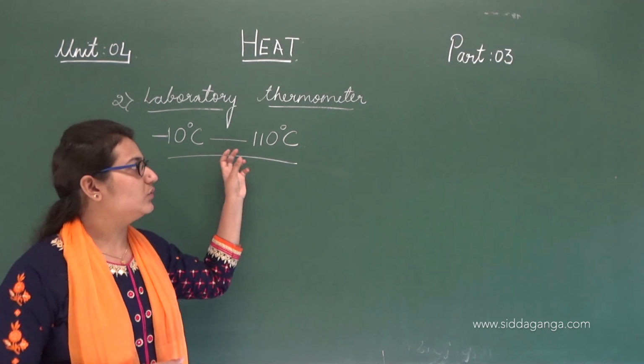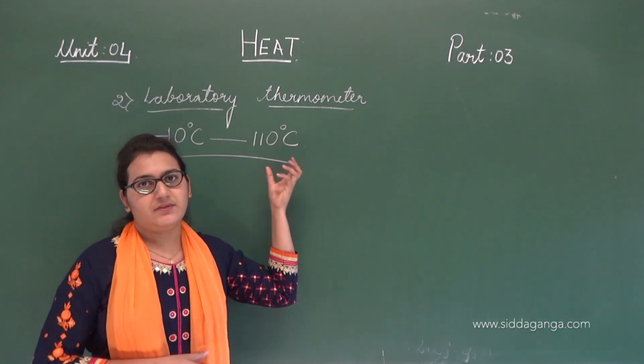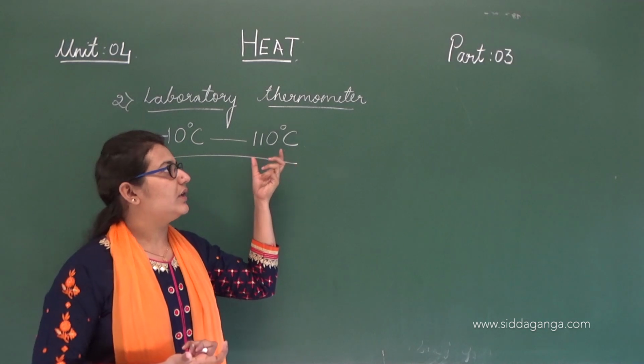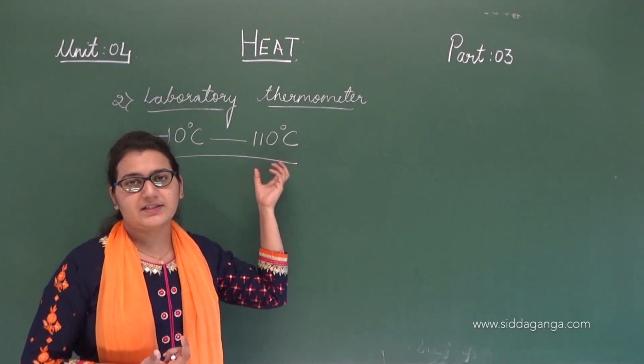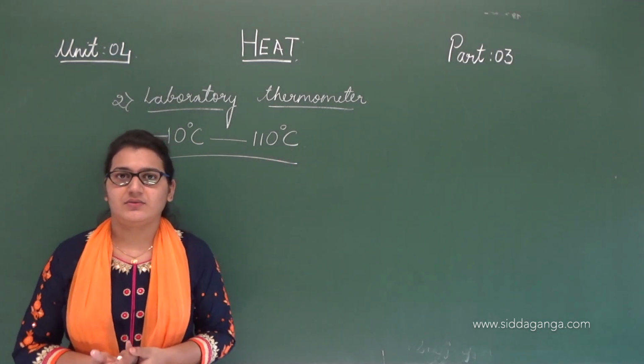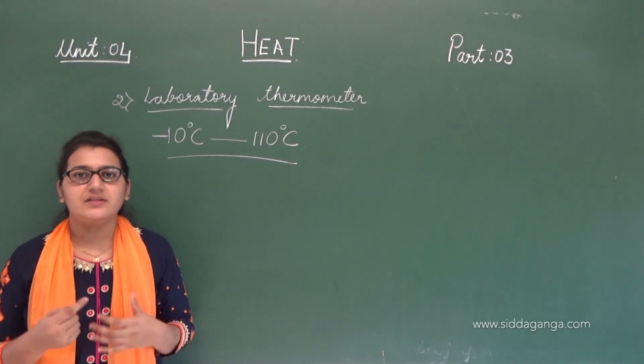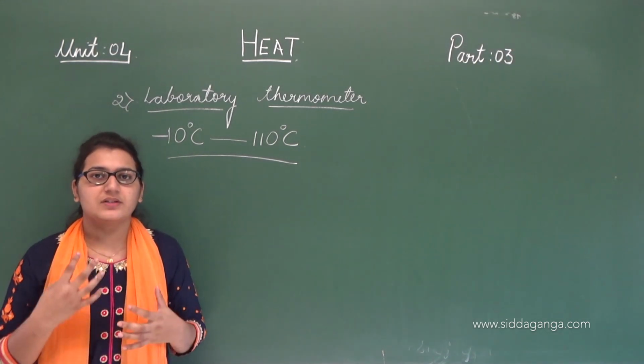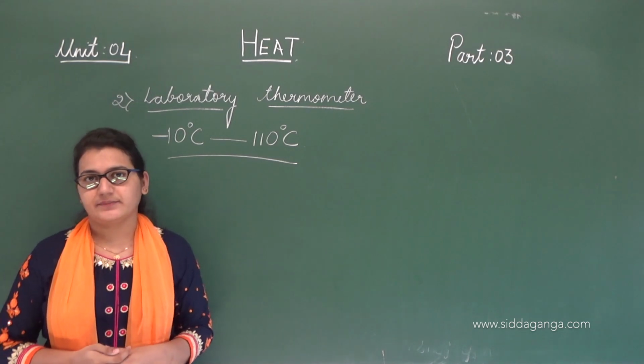We can even check the temperature of boiling water, since the maximum is 110 degrees Celsius. Because of its broad range, we can use this thermometer to measure most objects.